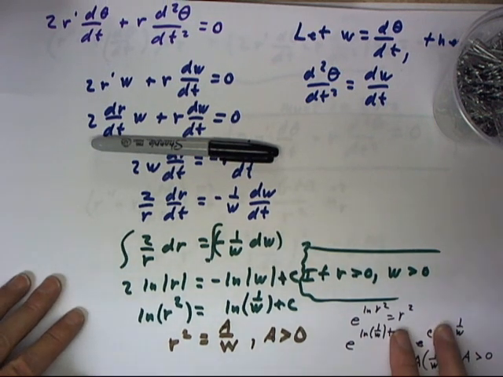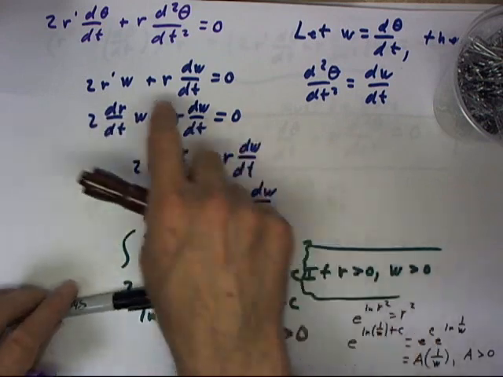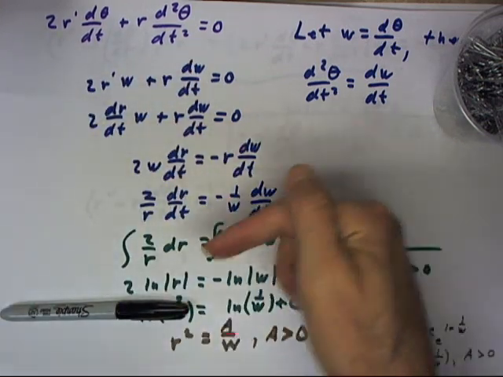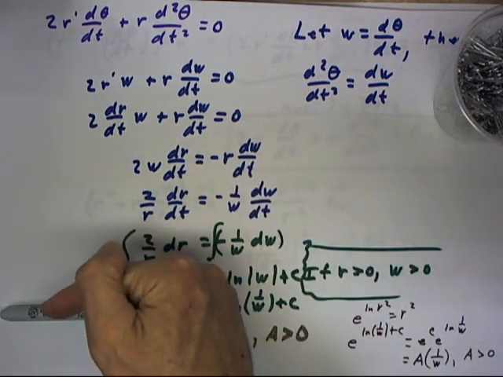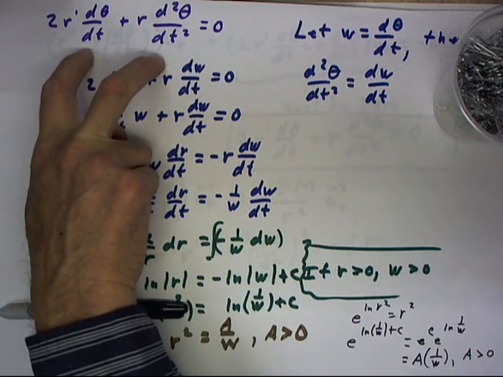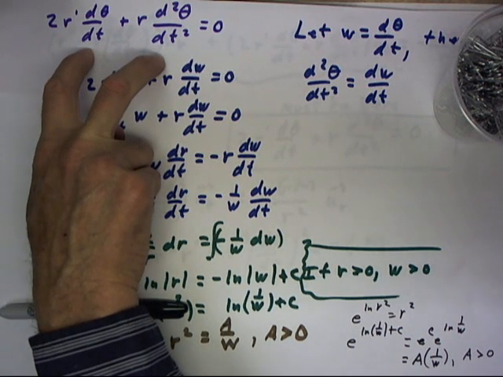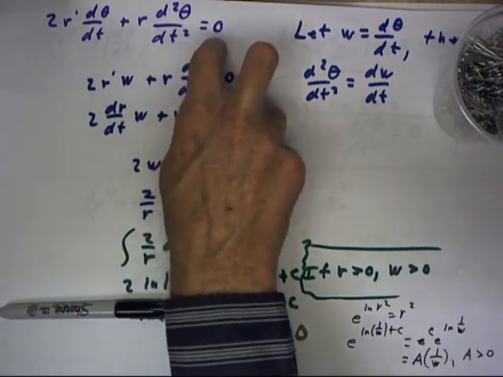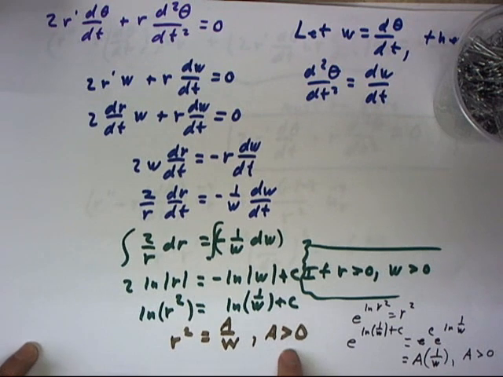So our condition that the force be radial toward the origin results in the coefficient of the u theta vector being 0. This leads us to this equation. It's rather easily solved. I've complicated it a little bit by forgetting the integration constant, but this is our solution. So r squared is a over w.